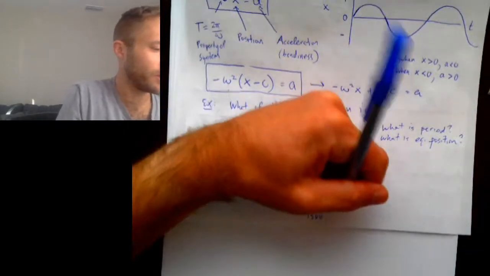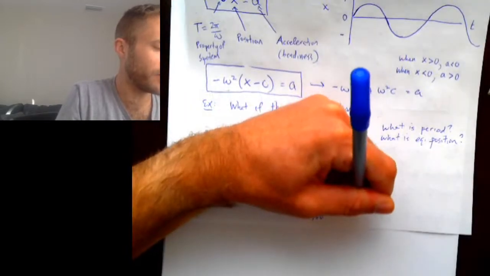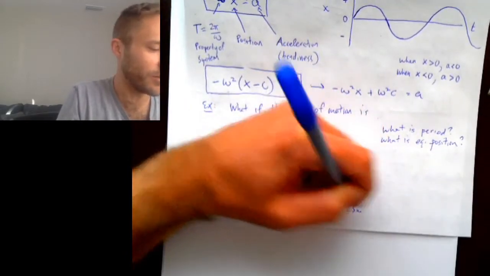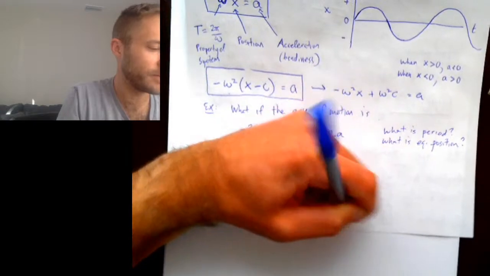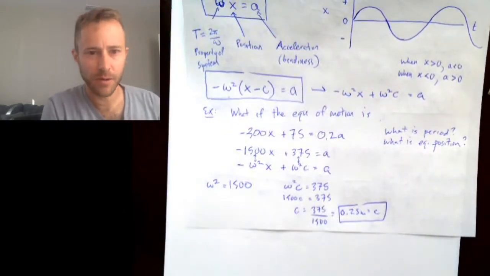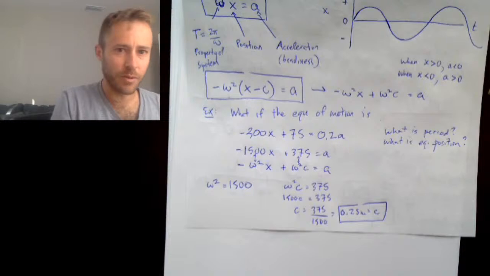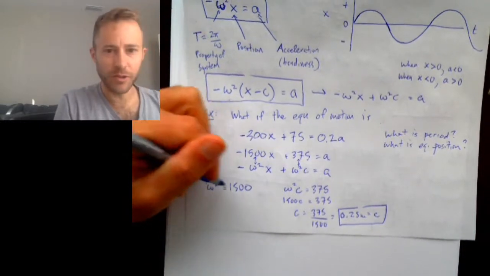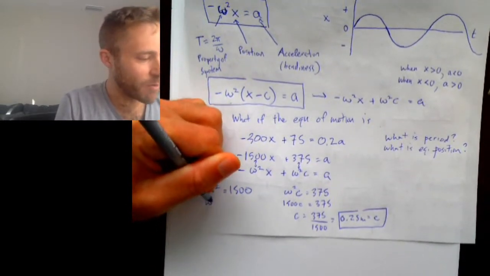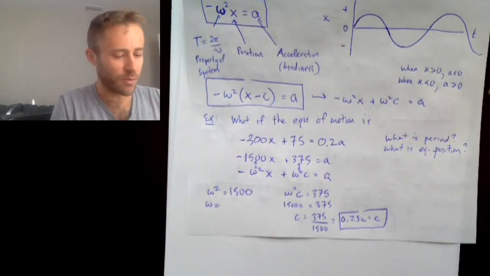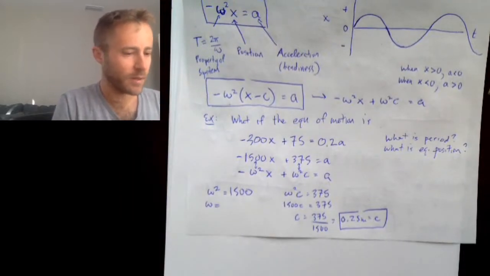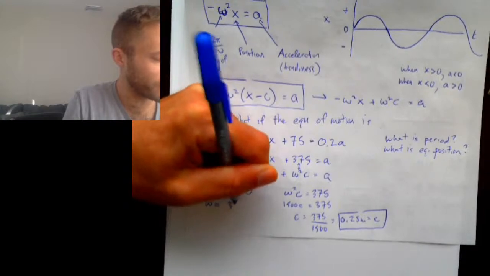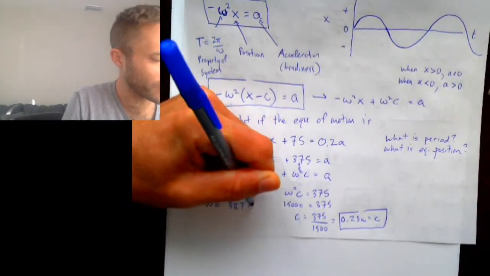Which is 0.25 meters. So this is the equilibrium position, 0.25 meters. Now, how do we get the period? Well, omega squared is 1500, so I take the square root of that, and omega is 38.7 radians per second.